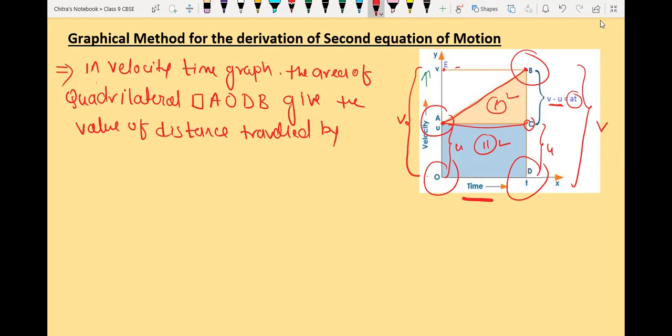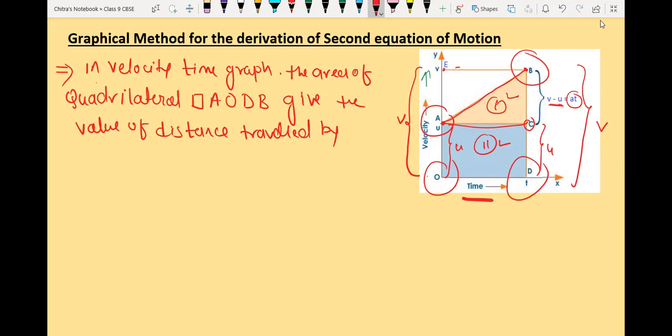See, it is nothing but a kind of trapezium, and we know one trapezium equals one rectangle and one triangle.